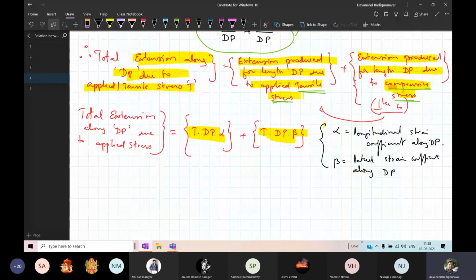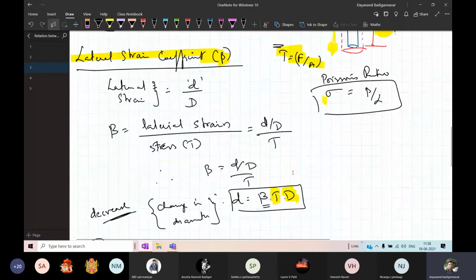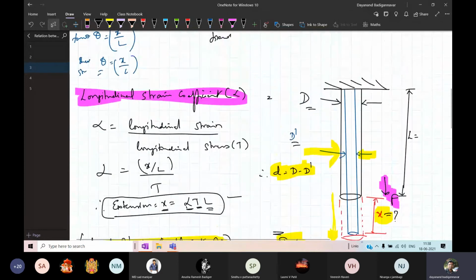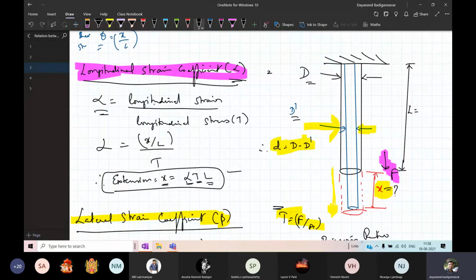I will tell you how it comes. Look here, from the basics: alpha is the longitudinal strain coefficient, that is, longitudinal strain by stress. The stress is T, therefore alpha equals (x by L) by T, therefore x equals alpha T L when rearranged. Here x is the extension, alpha is the longitudinal coefficient, T is the stress, and L is the original length.